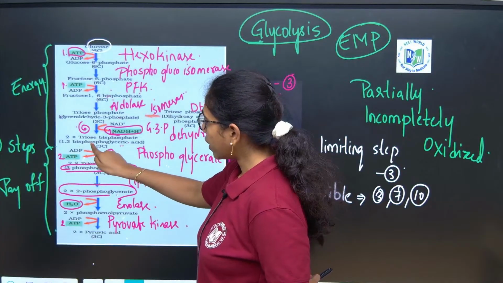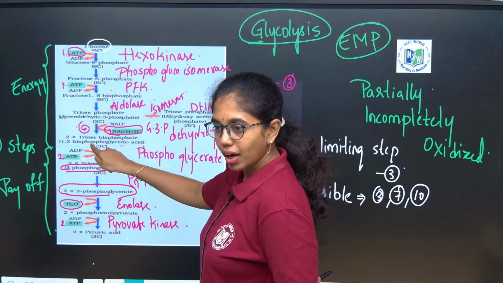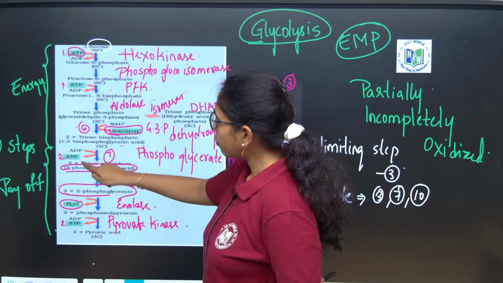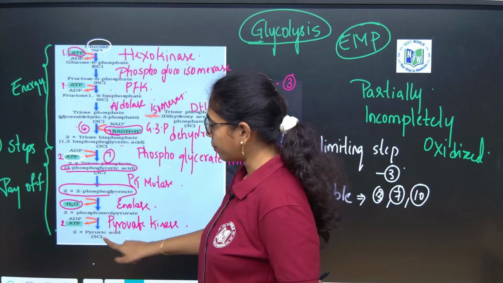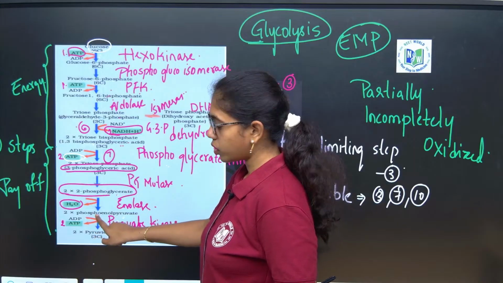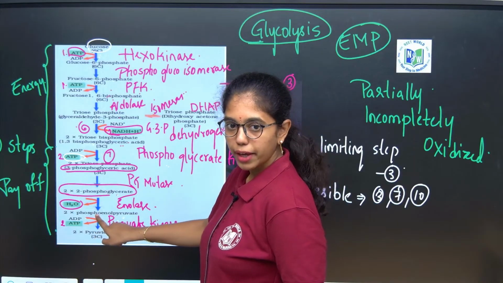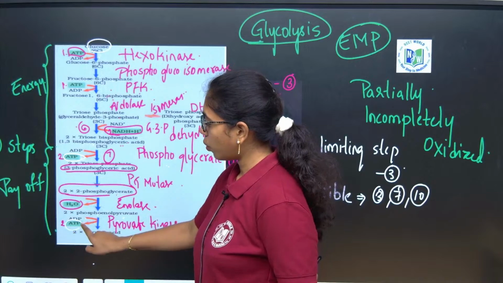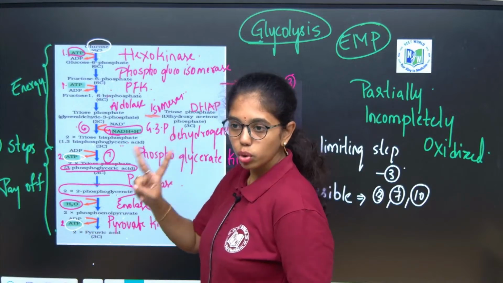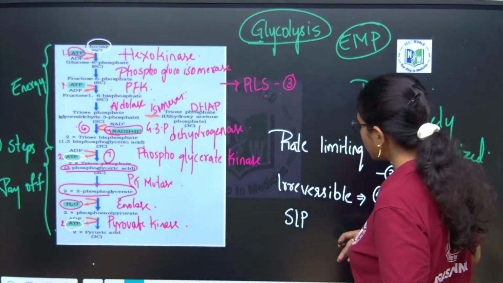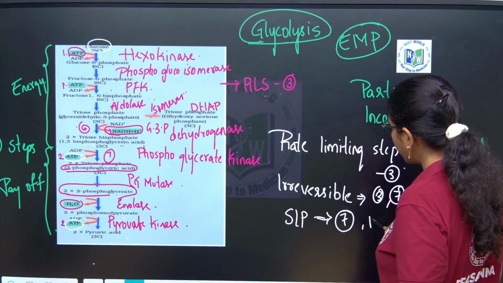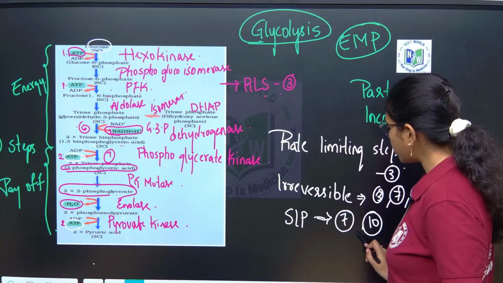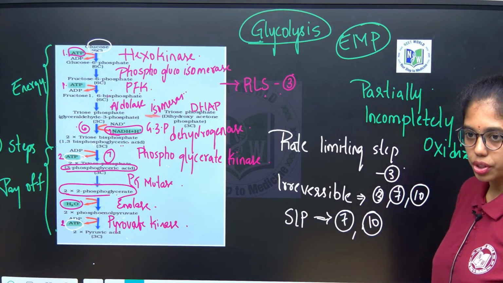That phosphate is taken from what? Substrate, and forms the ATP over here. Last also is the same, ADP plus phosphate from phosphoenol pyruvate will give you ATP over here. Like that you have 2 SLPs at what steps? One at 7th step and one at 10th step. 2 substrate level phosphorylations. Clear?